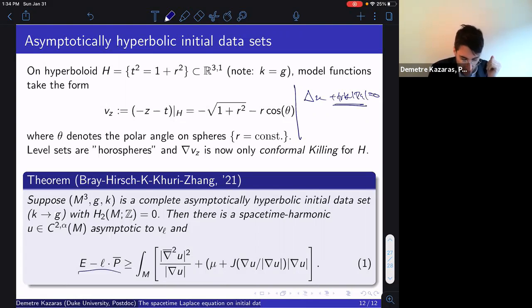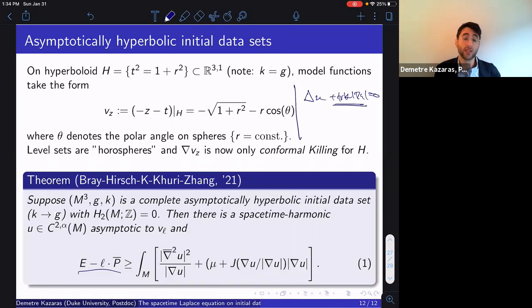Nevertheless, the total energy minus the momentum in the direction of the chosen asymptotic coordinate, in what I wrote above here would be just z, is bounded below by a bulk integral of the spacetime Hessian squared plus mu minus norm j, or more particularly mu plus the part of j pointing in the direction of the gradient of u.